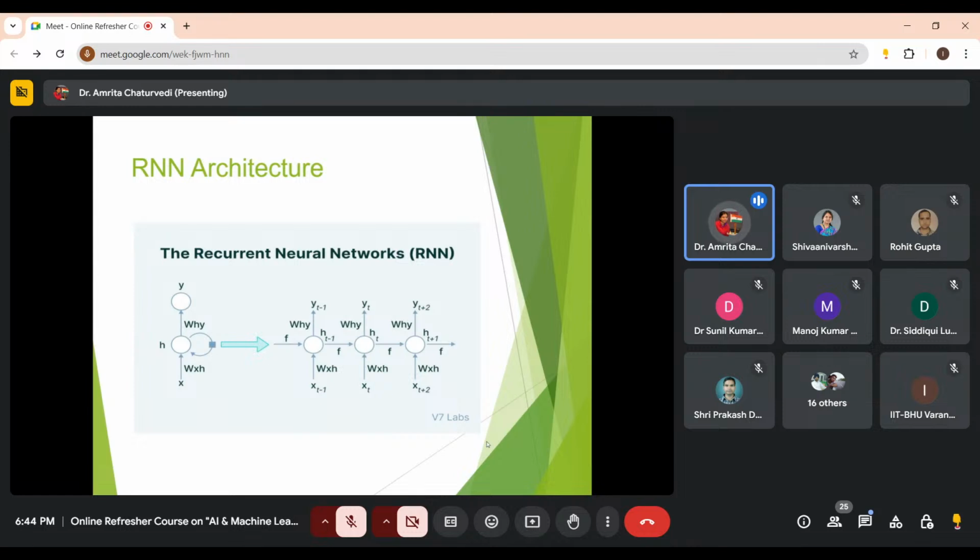Then there are self connections also, so that the hidden state remains intact to be passed on to the next timestamp. You see in the figure that the hidden state from timestamp t minus 1 is passed on to timestamp t, which is further passed on to timestamp t plus 1.